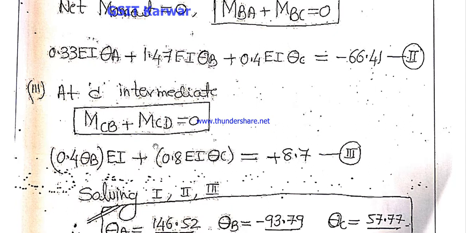After that, at intermediate joint C, moment CB plus moment CD is equal to 0. Here also we know the moment CB and moment CD equations. We can directly substitute them here and solve, and we get equation number 3.